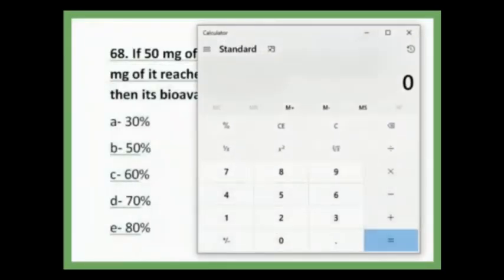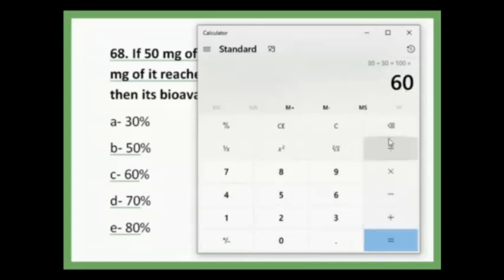So we will calculate this here as 30 mg has reached into the blood out of 50. Now to calculate the percent bioavailability, we will multiply this by 100, and the answer comes as 60.